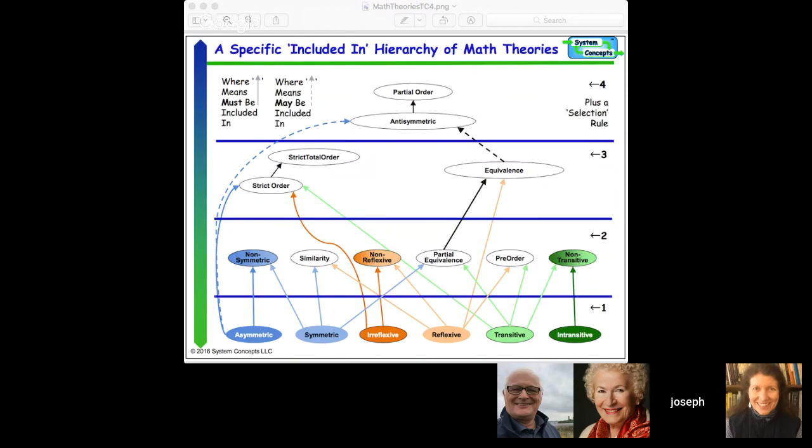Then we have strictly local, then what we call local, which includes strictly local plus some kind of scoping variable. We're working on that. And then global.